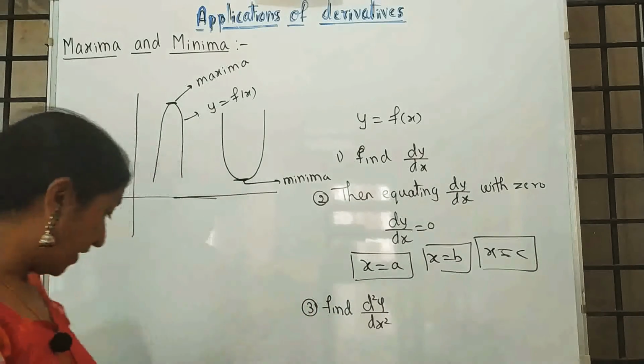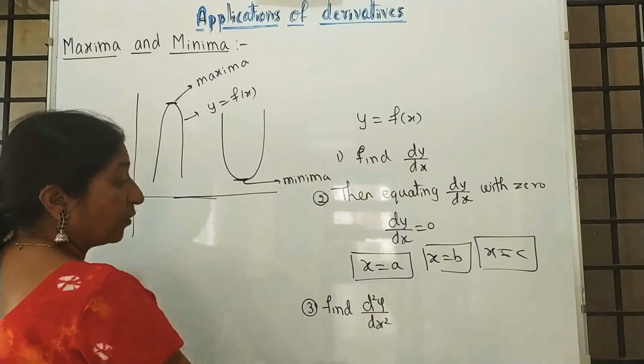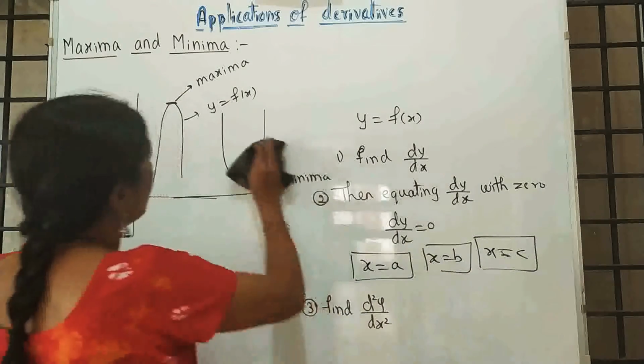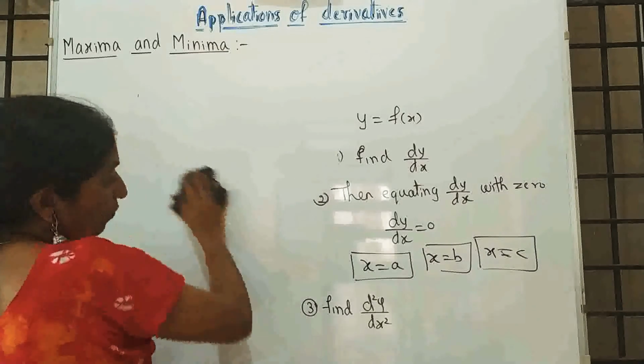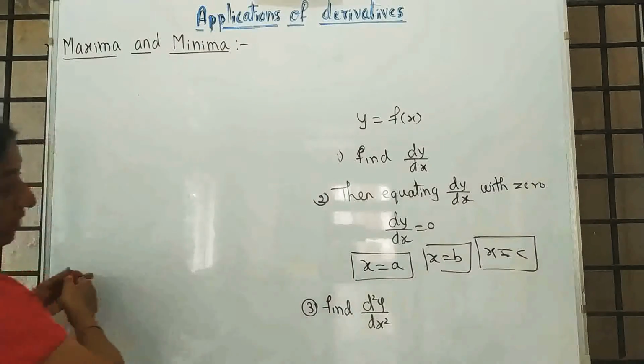After finding the second derivative, substitute the calculated values in the second derivative.